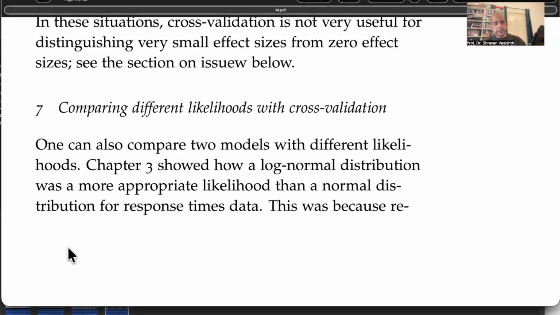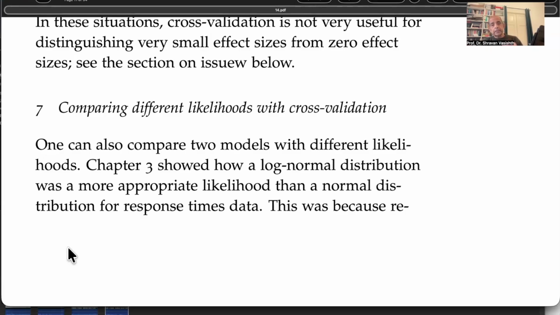Another interesting application of cross validation is when you want to compare the predictive fit of different likelihoods. So the classic problem that we discussed in chapter 3, where we showed that the Gaussian likelihood is a much worse likelihood to use for reading times because reading times are positive only, and a log normal is generally a better likelihood function to use.